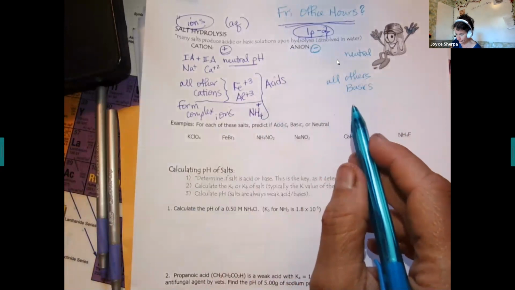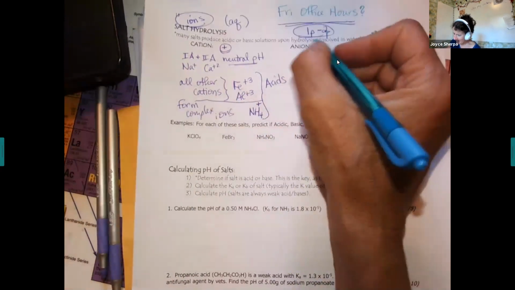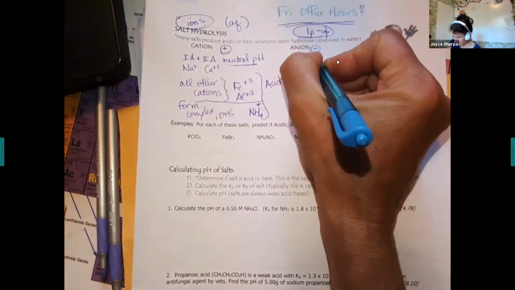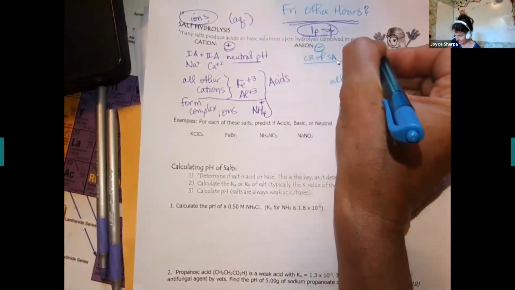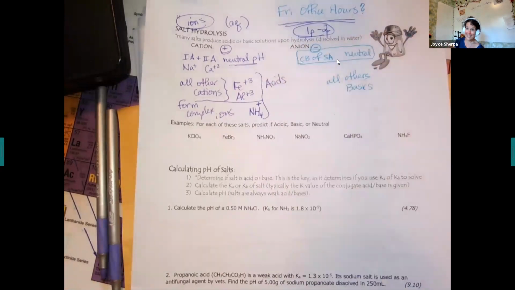The ones that are neutral are the conjugate bases of the strong acids. The reason for that is strong acids are one-way reactions, so their conjugate bases can never get back to where they started.